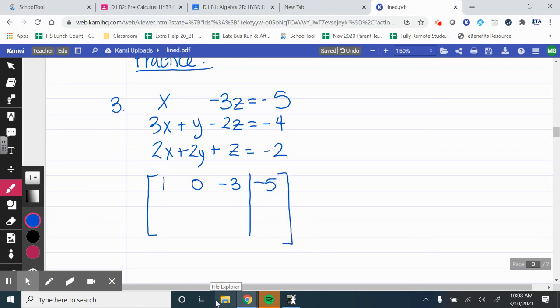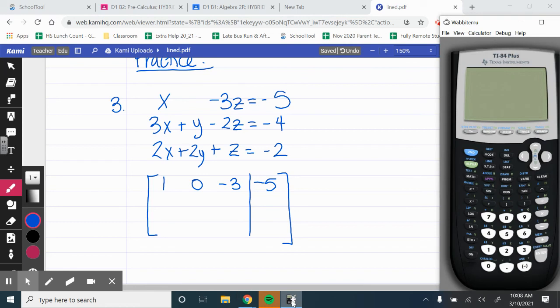Okay, so pause your video, solve this, and then I want you guys to use Gauss-Jordan, so get it in reduced row echelon form just like we did before, and check that answer in your calculator. All right, so I'll go over one more time how to check it in your calculator. Here you're going to go to second matrix, which is your x to the negative first. Go over to edit.